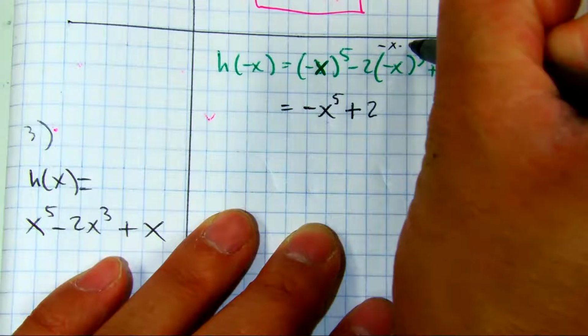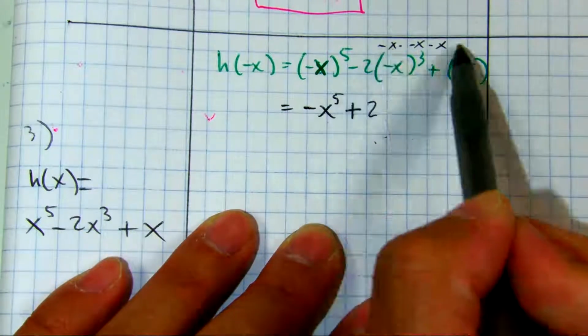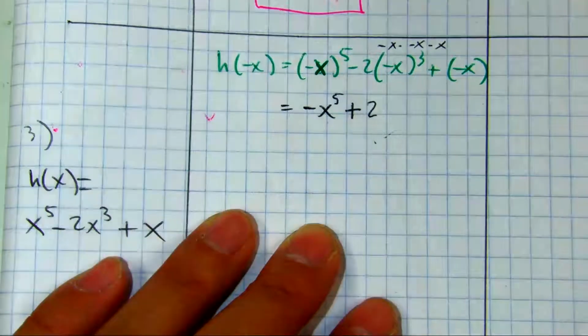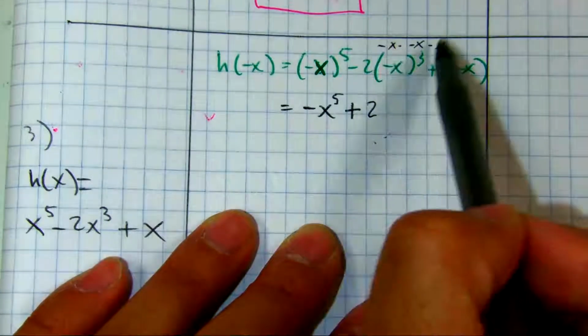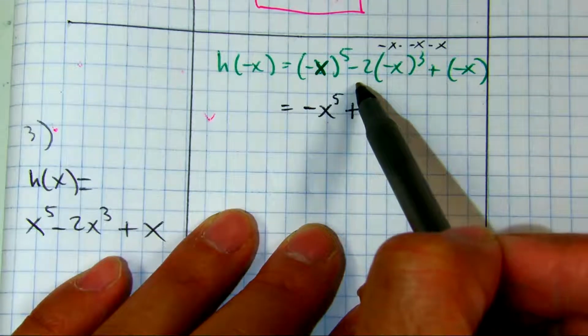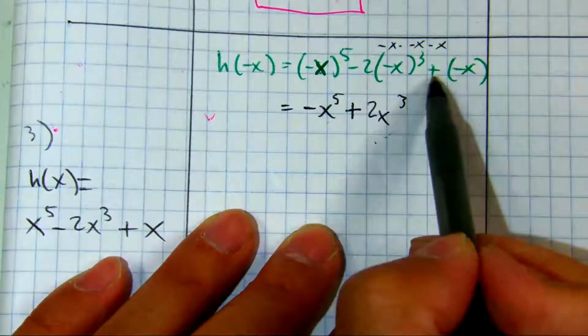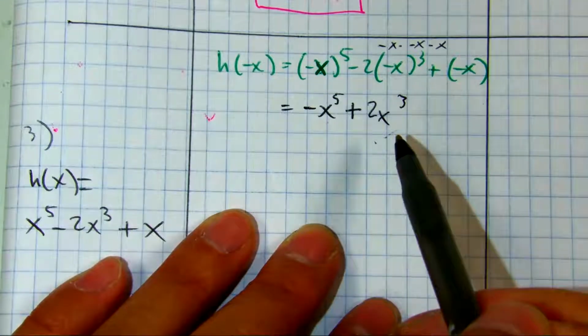What's negative x times negative x times negative x? Negative x cubed. And what's negative x cubed times negative 2? 2x cubed. And then this will become what? Positive or minus?